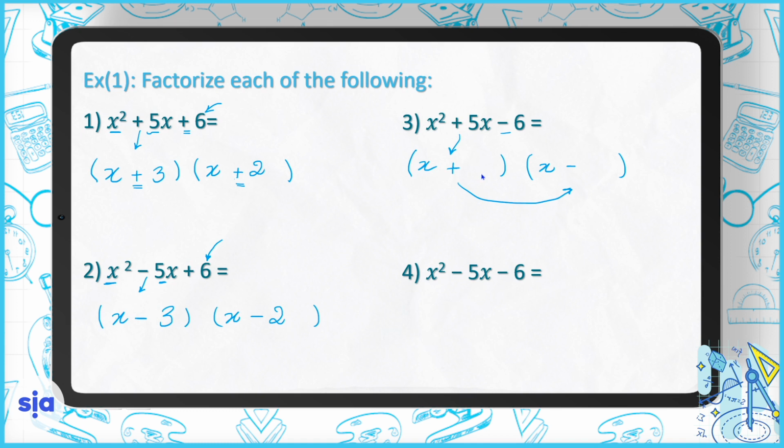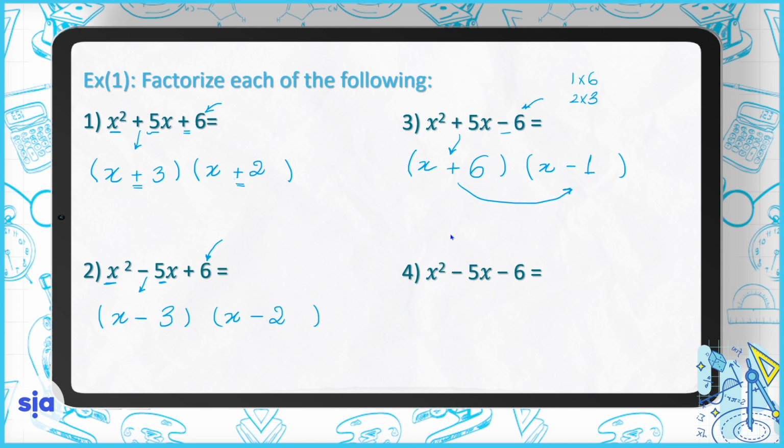As we said, same sum, different difference. So I want two numbers that multiply together to equal 6, like 1 times 6, or 2 and 3, but their difference is 5. Minus each other, it's 5. Yes, the 6 and the 1, the bigger number first, so the 6 first, then the 1.